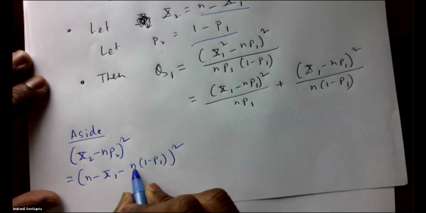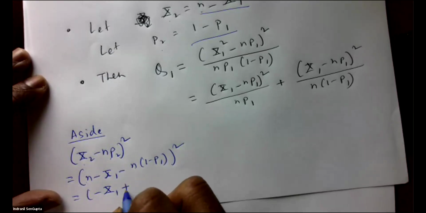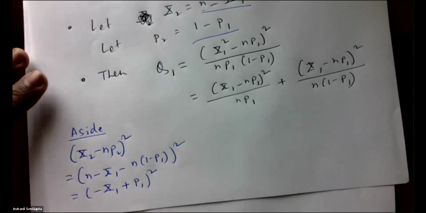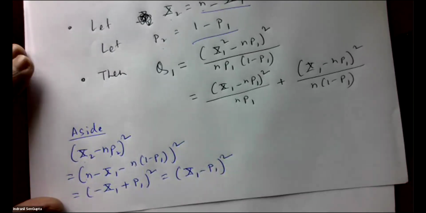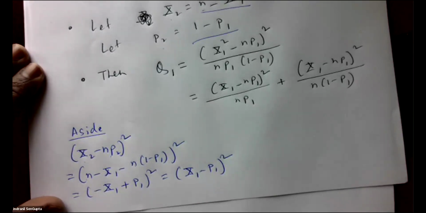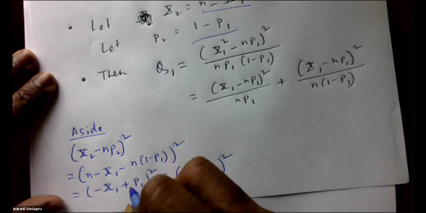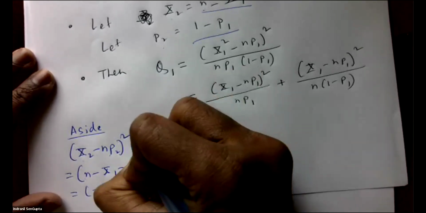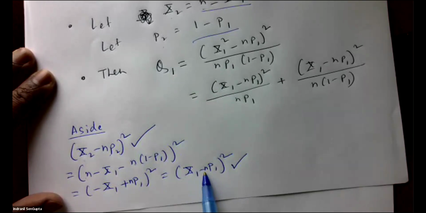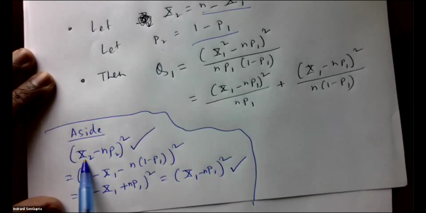If I just FOIL it out, n minus n cancels, so I have minus x1 plus np1 squared, which is the same as x1 minus np1 squared. There is an n here that I forgot to write in. So in other words, x2 minus np2 squared is the same as x1 minus np1 squared, provided we defined x2 as n minus x1 and p2 as 1 minus p1.